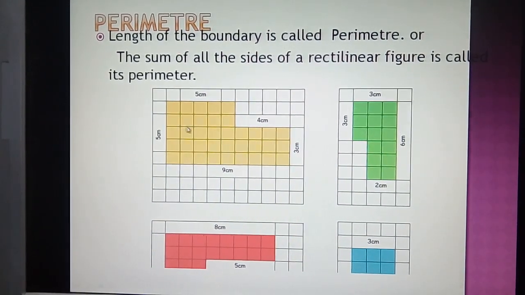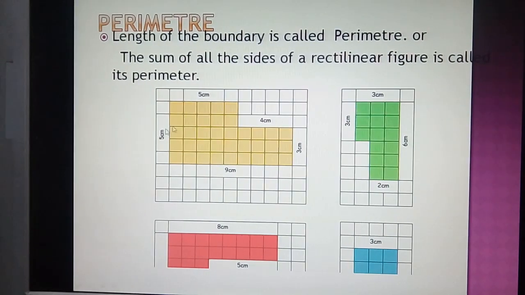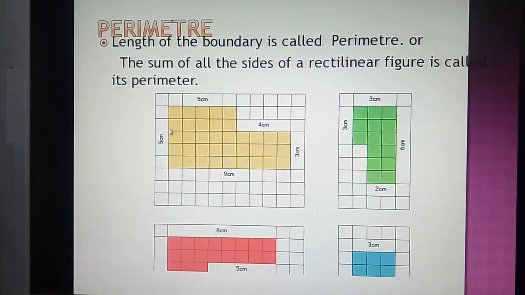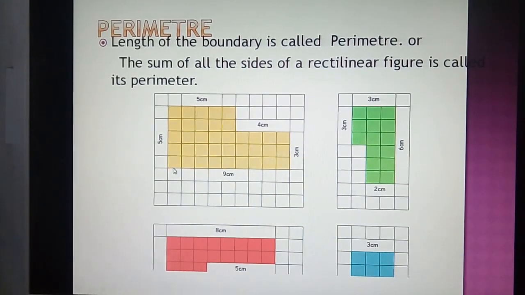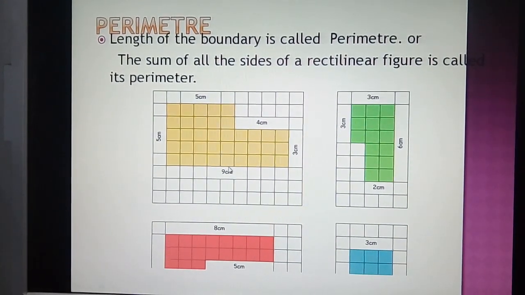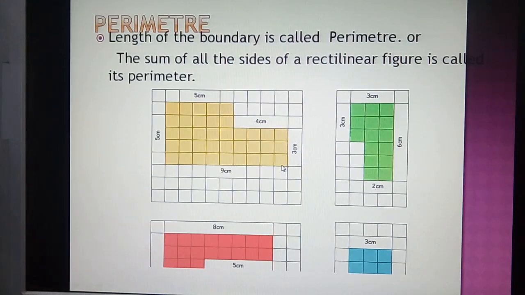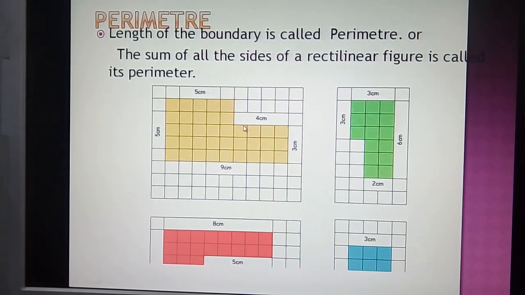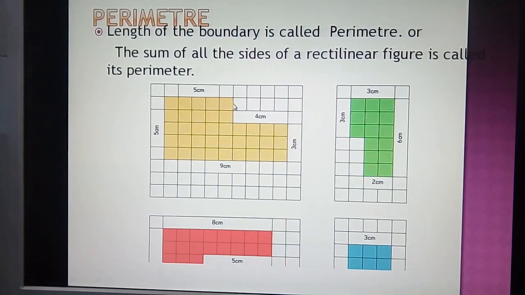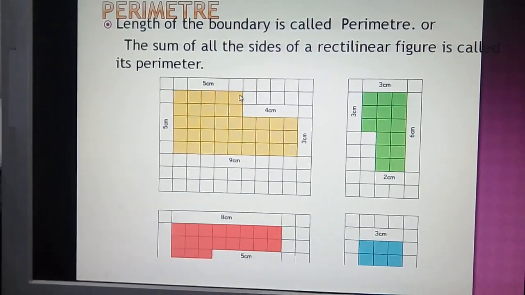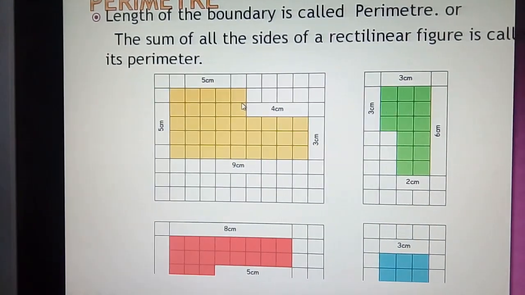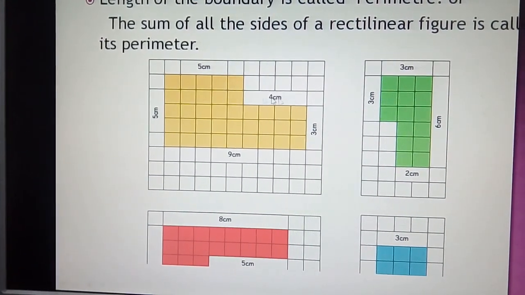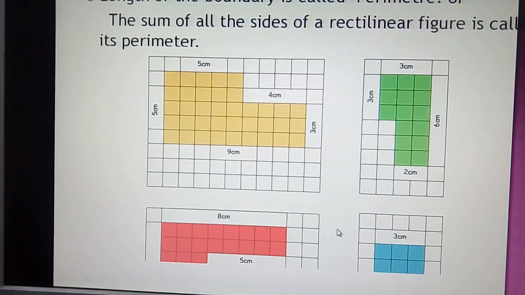Now see this figure, 5 and 5, 1, 2, 3, up to 28. So 28 centimeter is the perimeter of this figure. Right? Like this you have to count these figures.